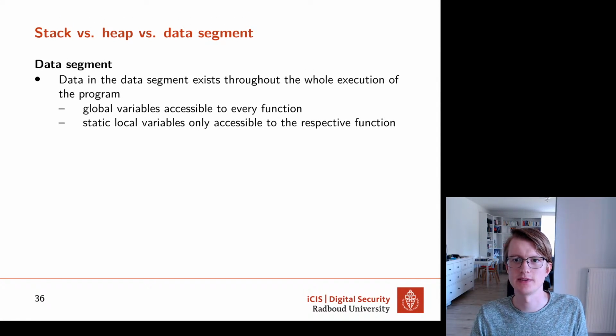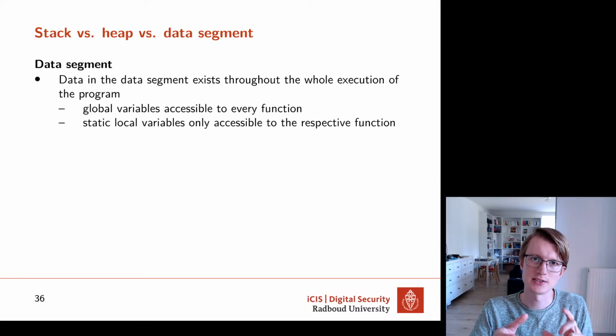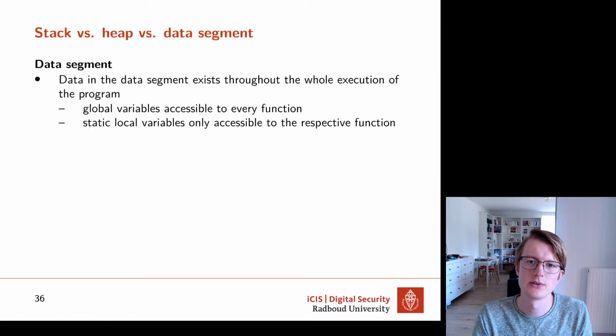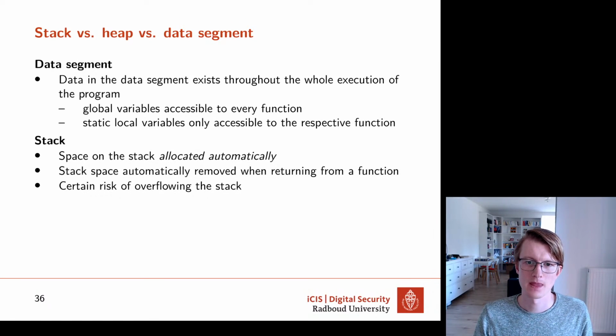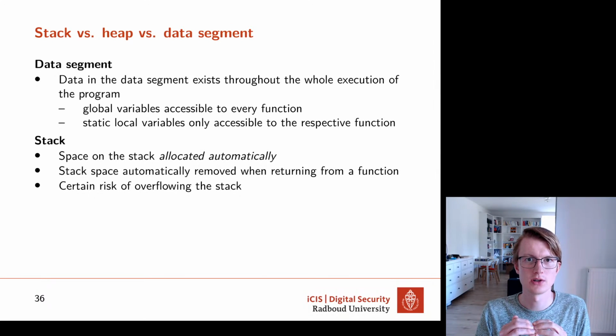The data segment exists throughout the entire execution of the program because it has global stuff, and it has local variables that are static, and that type of information is kept track of throughout the entire execution. Then there's the stack, which is managed completely automatically. It only exists during a function call, and you can only pass variables down the stack and never up the stack.